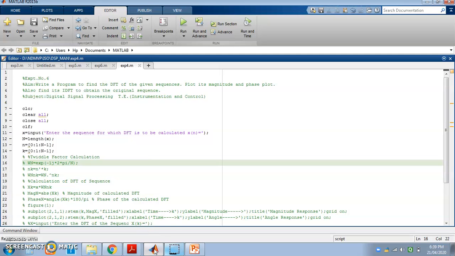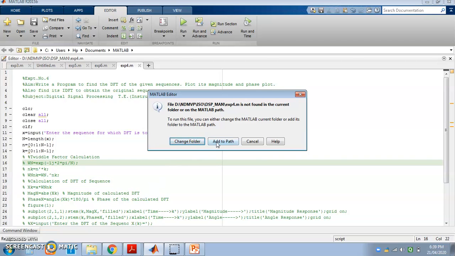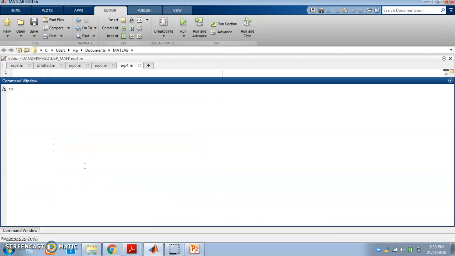If I run this code, it is expected that in the command window we have to enter the sequence. So my sequence is 0, 1, 2 and 3. If I enter it, it will just take the input, that is 0, 1, 2, 3.